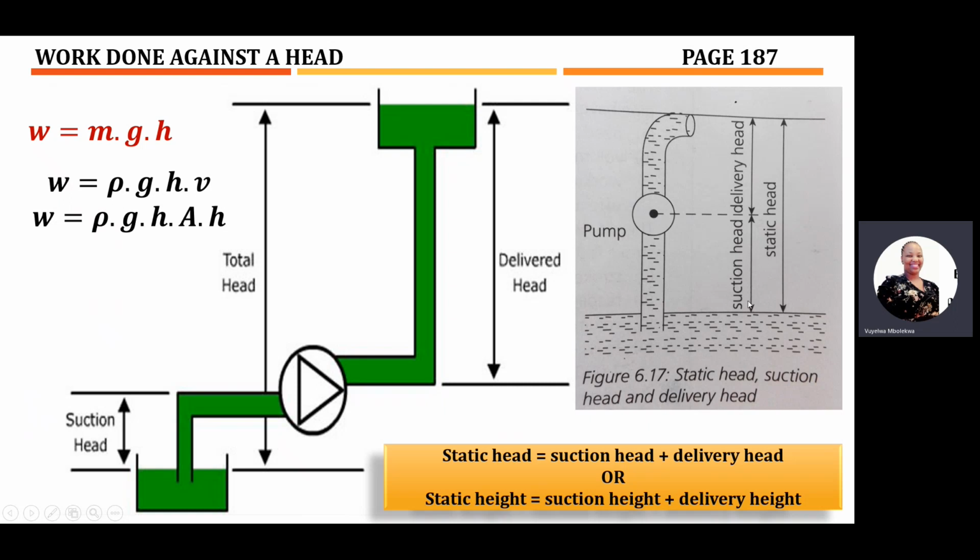So the head means the height. And the height from the center of the pump to the point where you deliver the water is called the delivery head. So sometimes they give you the suction head and the delivery head, and they want you to calculate the static head. So the static head is the overall of these two.